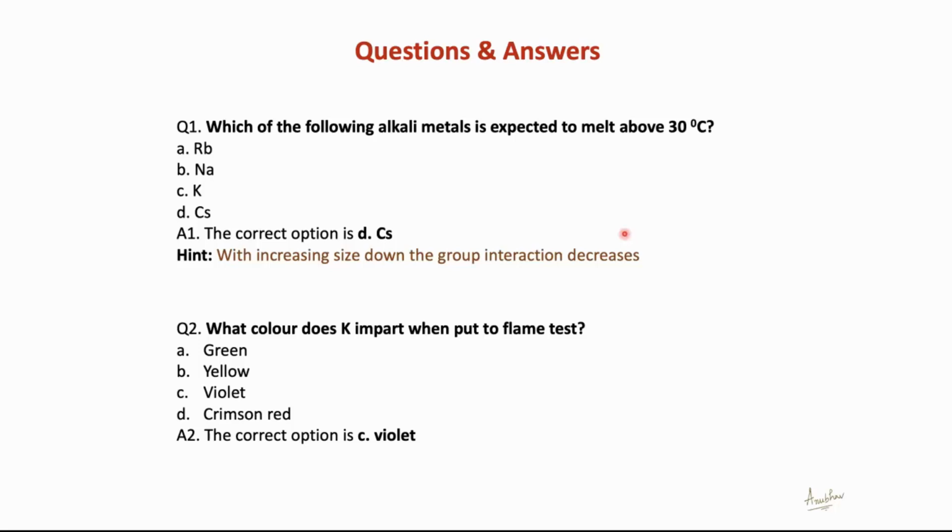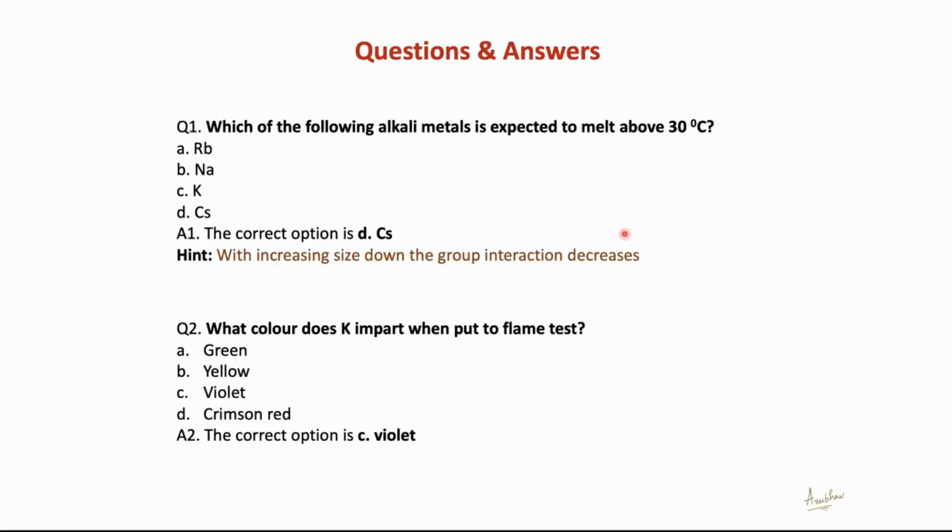So alkali metals have only one valence electron in the valence shell. Whenever an alkali metal is put to flame, it will catch energy from the flame, and the flame's energy will be enough to excite the valence shell electron, that is the one electron ns1. So the s electron will be excited.